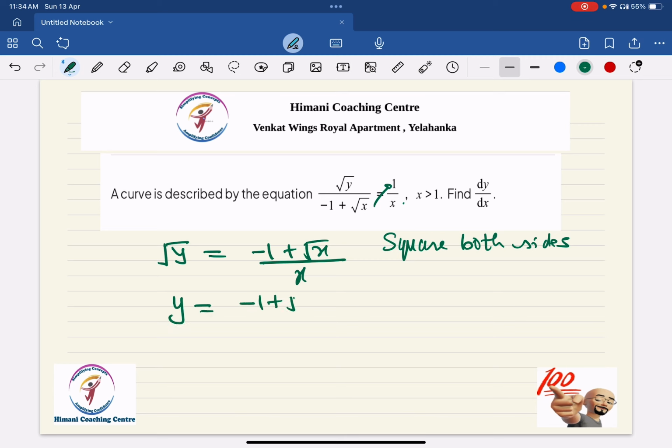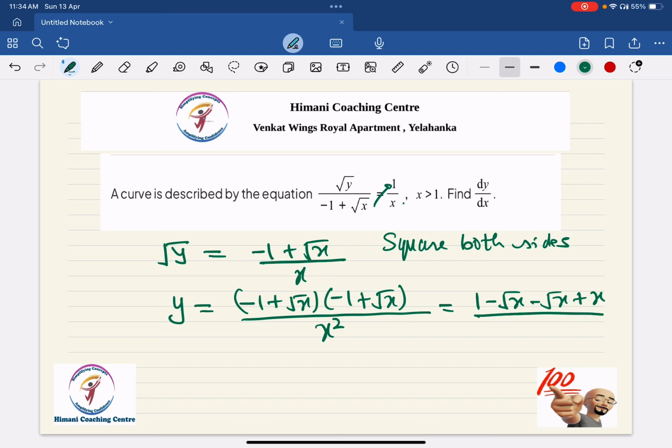Here I am multiplying minus 1 plus root x with itself, and x with itself will give us x square. Now when we do the calculation, minus 1 times 1 is minus 1, then you have minus root x, then again root x into minus 1 is a minus root x, and then plus x upon x square.